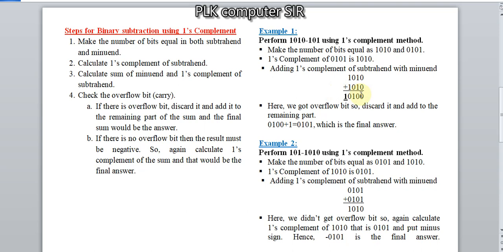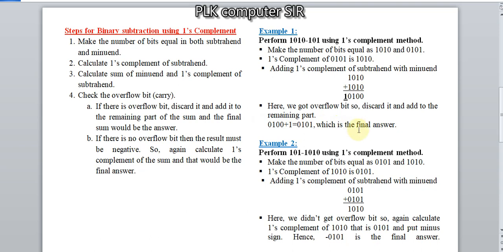If you don't know this binary addition or subtraction, then my dear students, I have already posted a video for binary addition and subtraction. You can watch that one. Now here we got an overflow bit, so discard it and add it to the remaining part. The remaining part is 0100. So 0100 plus 1, you will get 0101. So this is the final answer.